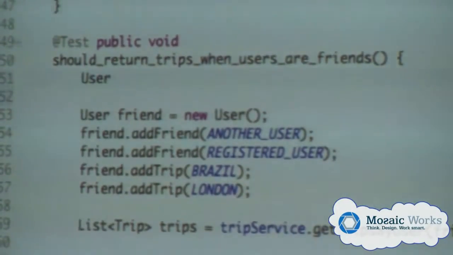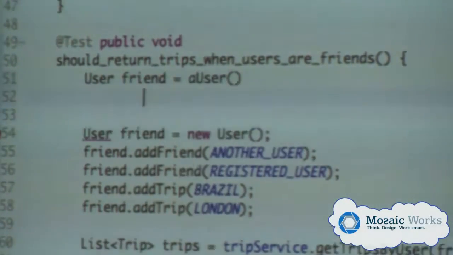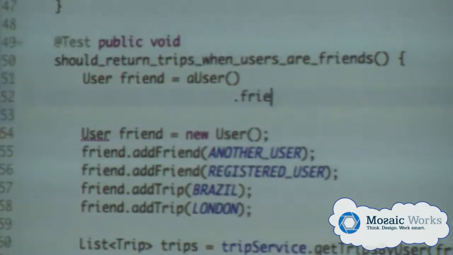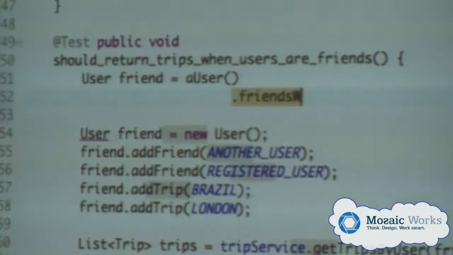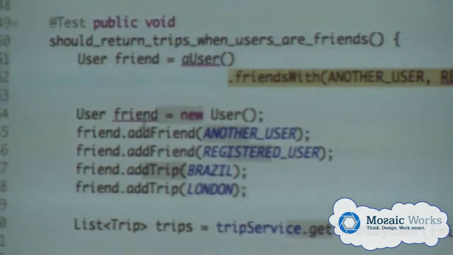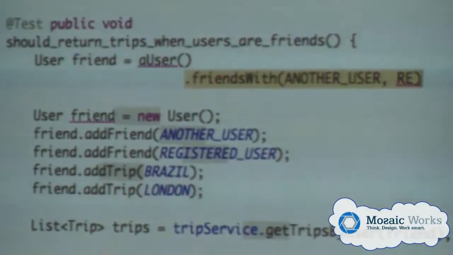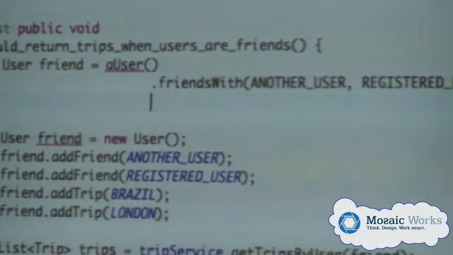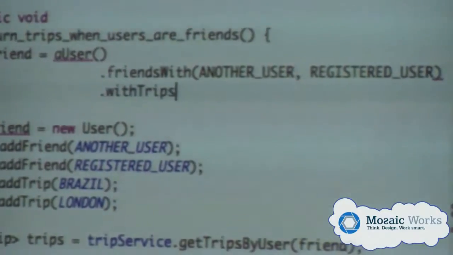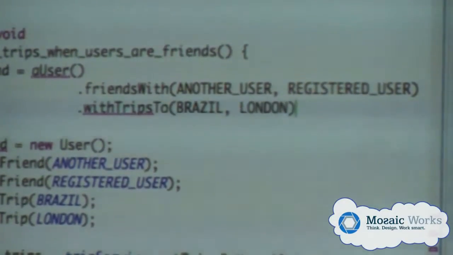What you can do, for example, friend is a user, friends with another user, and just move this window up. Okay, with the registered user, with trips to Brazil and London.